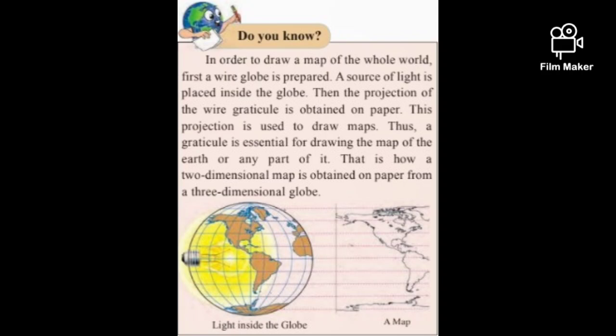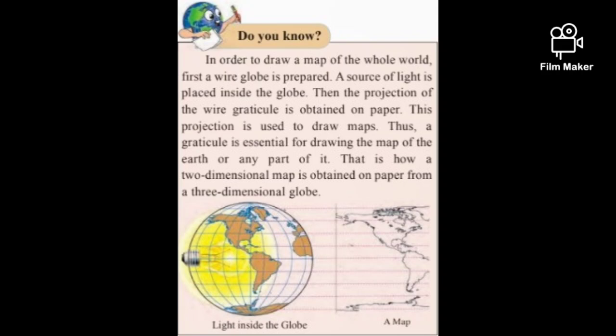Thus, a reticule is essential for drawing the map of the earth or any part of it. This projection helps to draw the map. If you want to know, the reticule helps you to understand it.